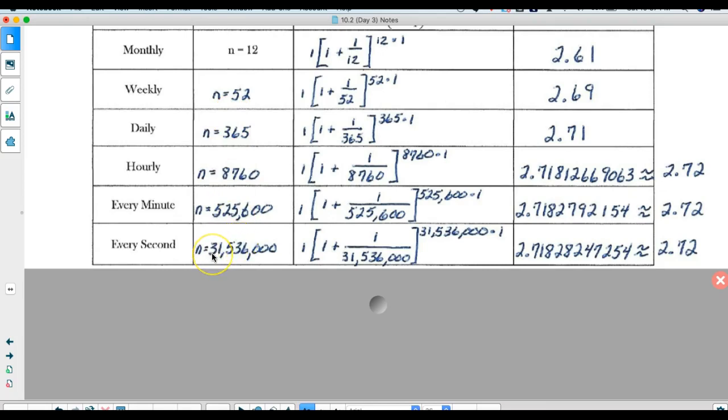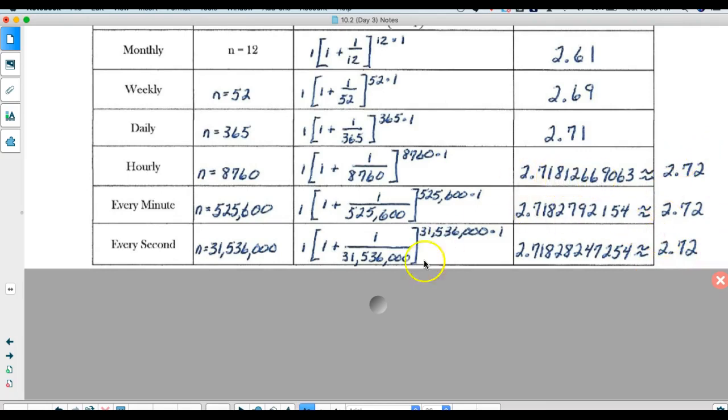Did you realize there are 31,536,000 seconds in a year? Bottom line, as n is increasing without bound, this whole value is dialing in on approximately 2.72 if I round it to dollars.